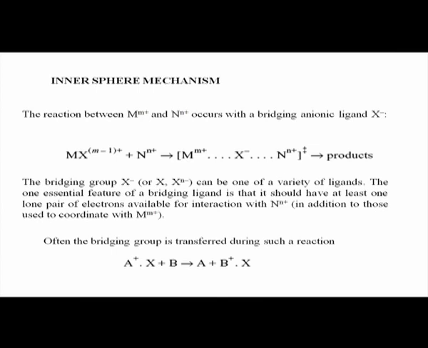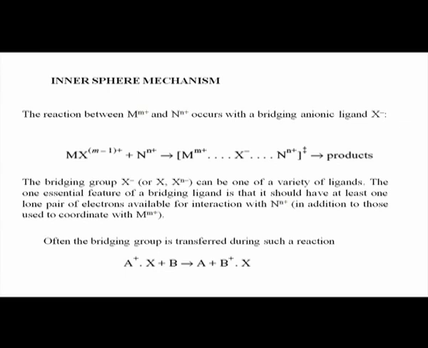The bridging group X minus can be one of a variety of ligands. The one essential feature of a bridging ligand is that it should have at least one lone pair of electrons available for interaction with N plus, in addition to those used to coordinate with M plus. So, this X minus will coordinate with a pair, and there may be an additional pair which will coordinate with N plus.